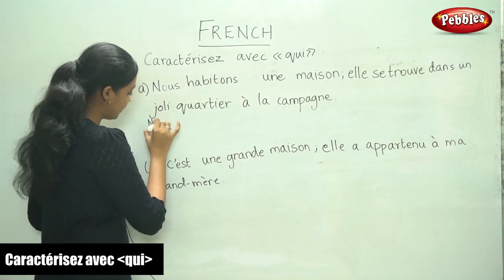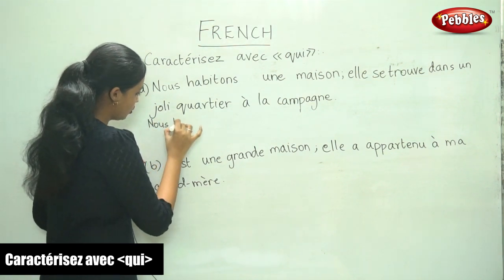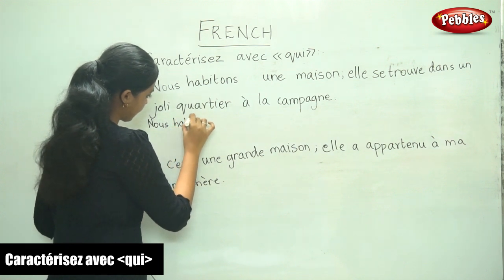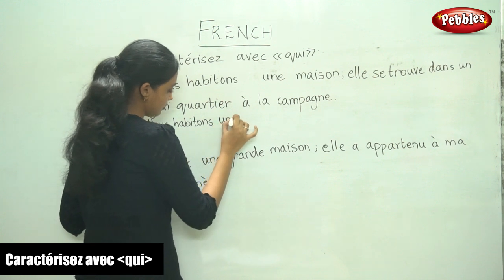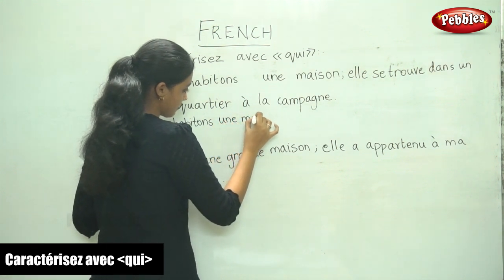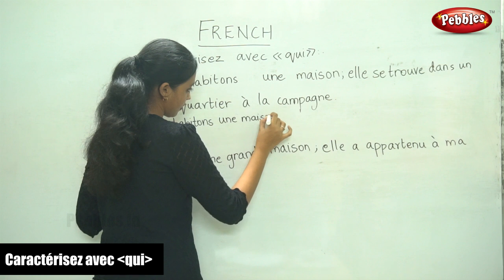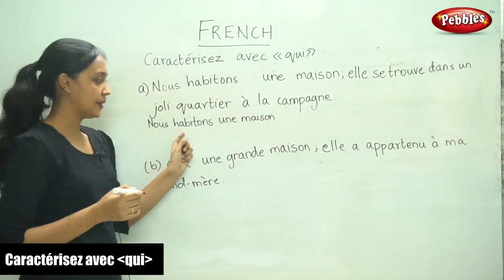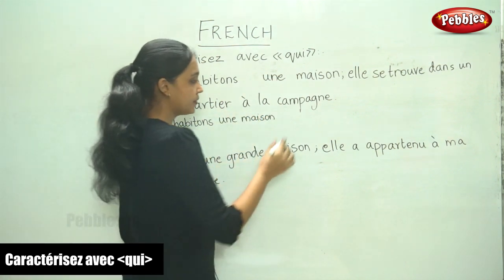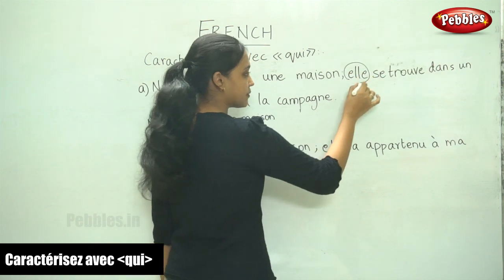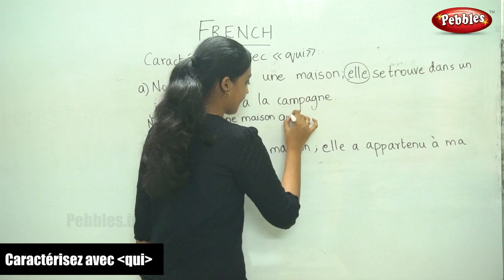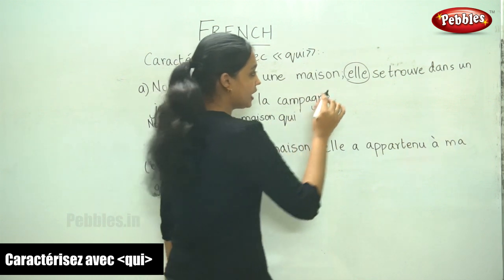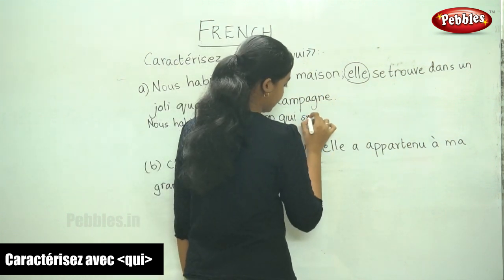So now let us try to write the first sentence. So that remains as it is. Nous habitons une maison. Instead of the subject elle, we write qui, and we complete the sentence.